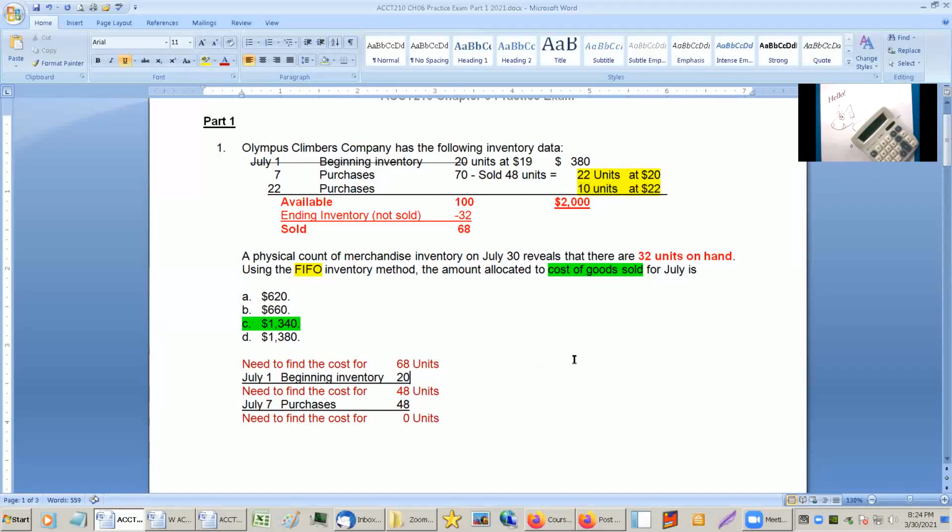Coming down here, what do these things cost us? Well, beginning inventory had a cost of $19 each.